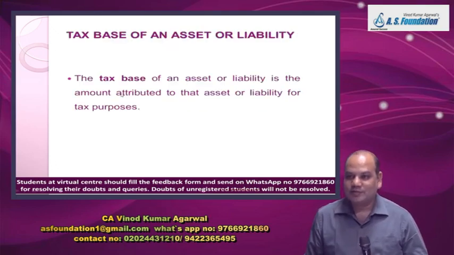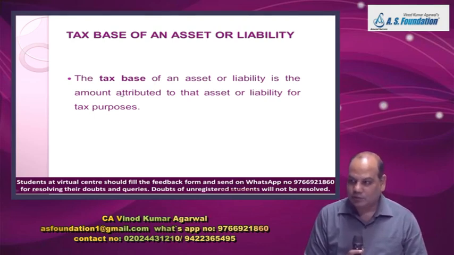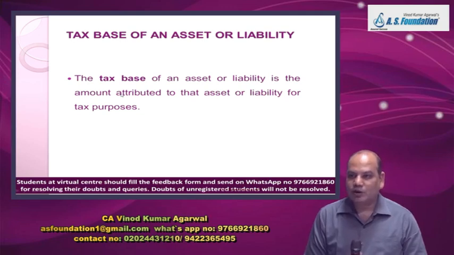Problem arises in the computation of deferred tax. But again, that is not a very serious matter. If you follow the standard carefully, you'll be able to compute the tax base of an asset or liability, and then you can easily calculate the deferred tax.